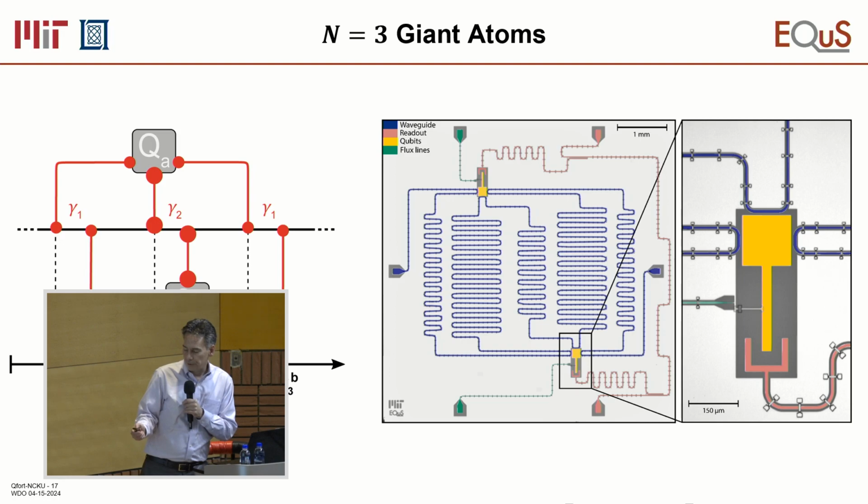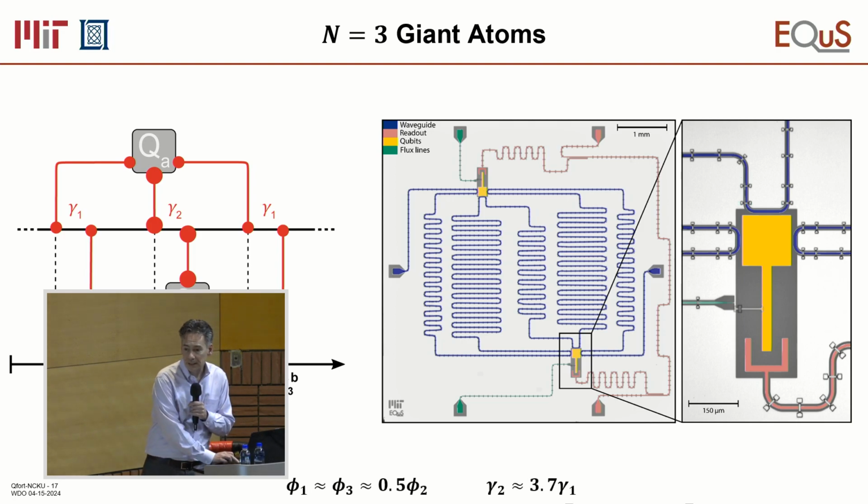This is a picture, and if you follow this waveguide back and forth, you'll see that it in fact couples to each qubit 3 times rather than 2 in the way that we've described, and we've made the length of these correspond to the phases we wanted to achieve. And those phases are shown here just for the numbers. Phi 1 is about phi 3 and half of phi 2, and the coupling strength gamma 2 is about 4 times gamma 1. So that was a design choice that we made.